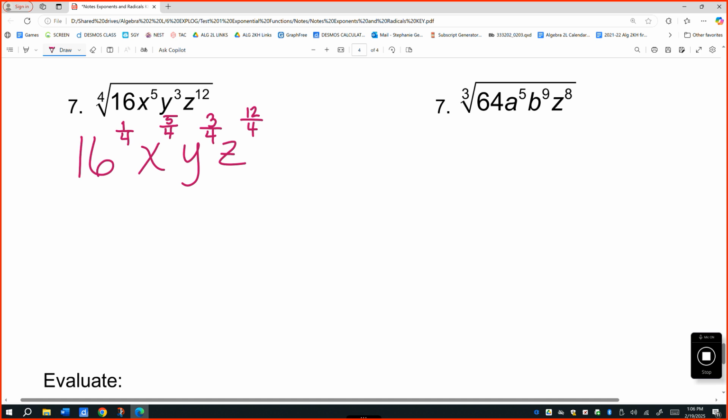Okay, now let's try to find our simplified versions, okay? So 16 to the 1/4 power. Anybody happen to know what that is? You could type it in. It's 2. 2 times 2 times 2 times 2 is 16, okay? So it's 2.